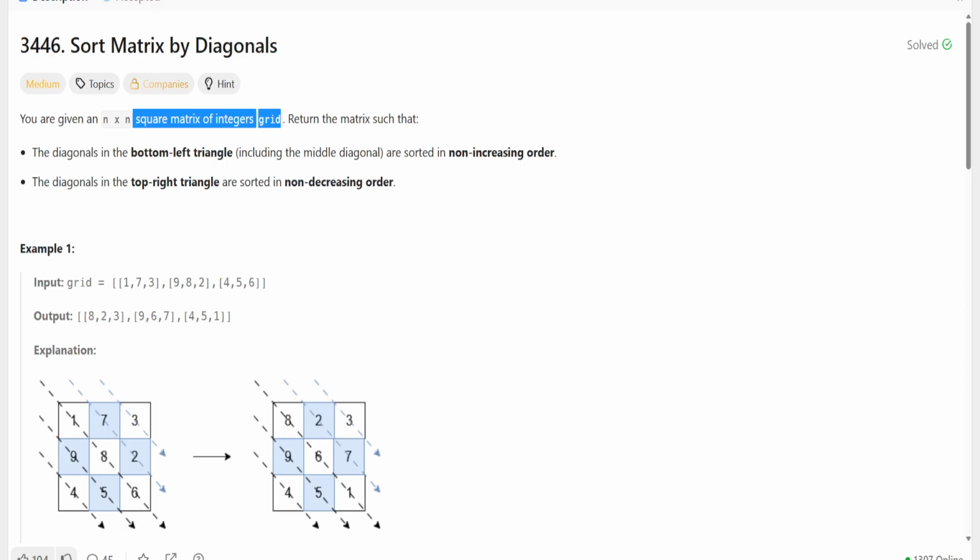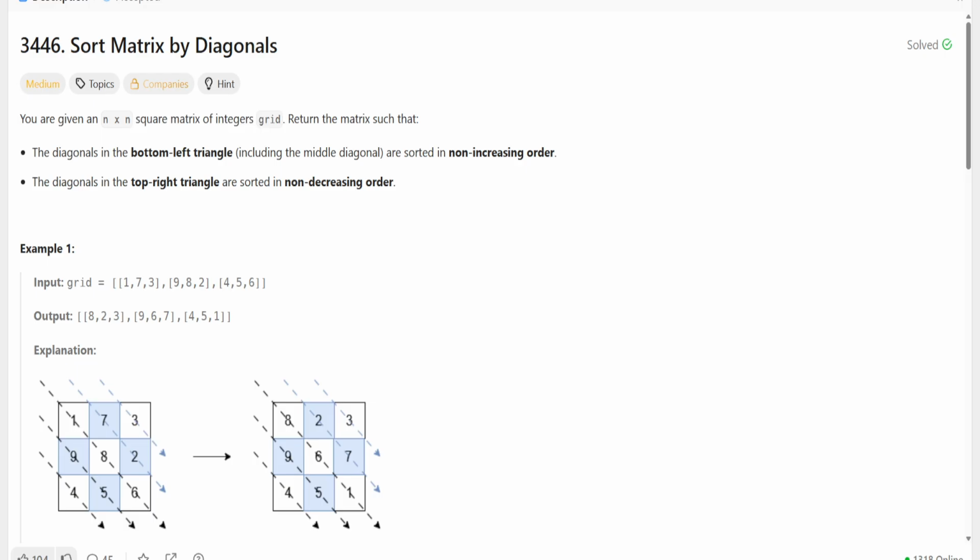What is the twist? The twist is for the bottom left triangle, which also includes the main diagonal. We sort those diagonals in descending order, not ascending order, as you can see here.